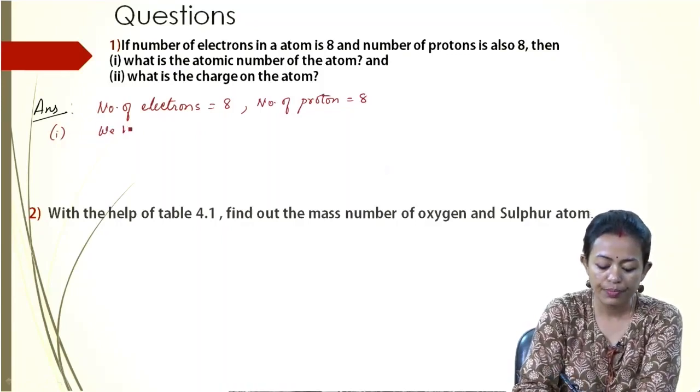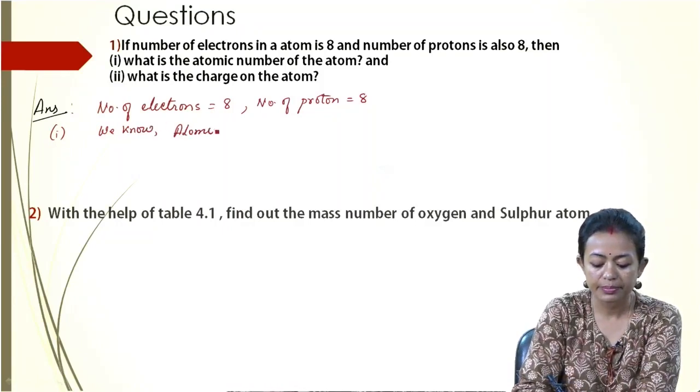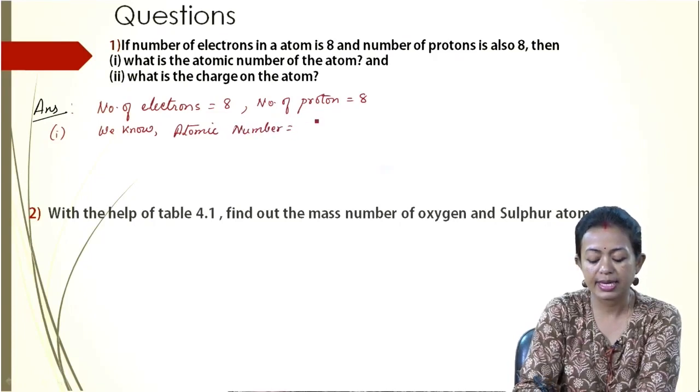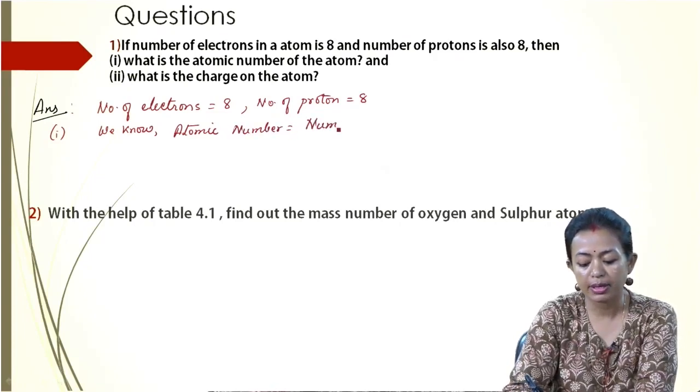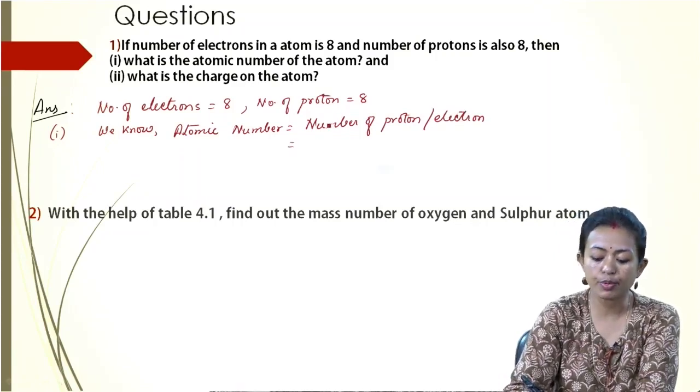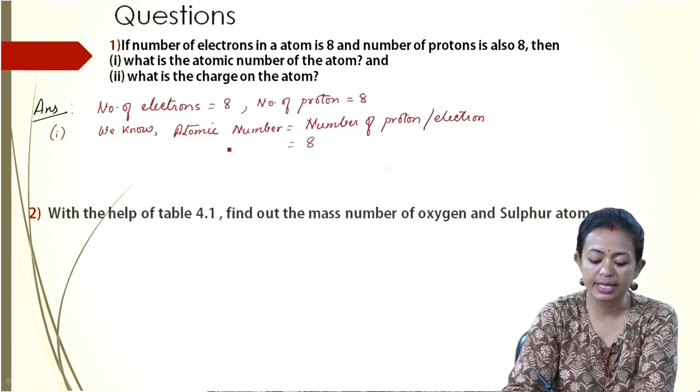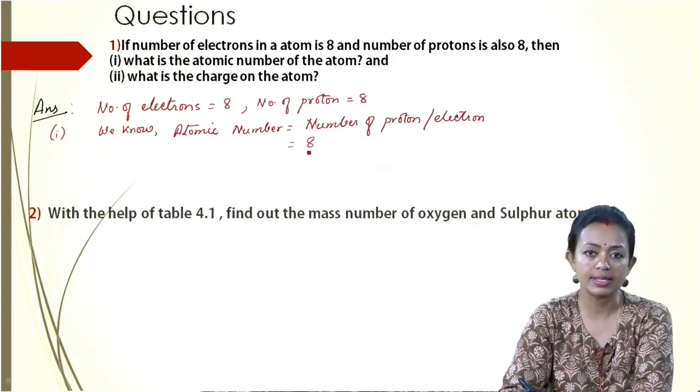We know that atomic number is equal to the number of protons or the number of electrons. Because the number of protons is already given to be 8, the atomic number is equal to 8.